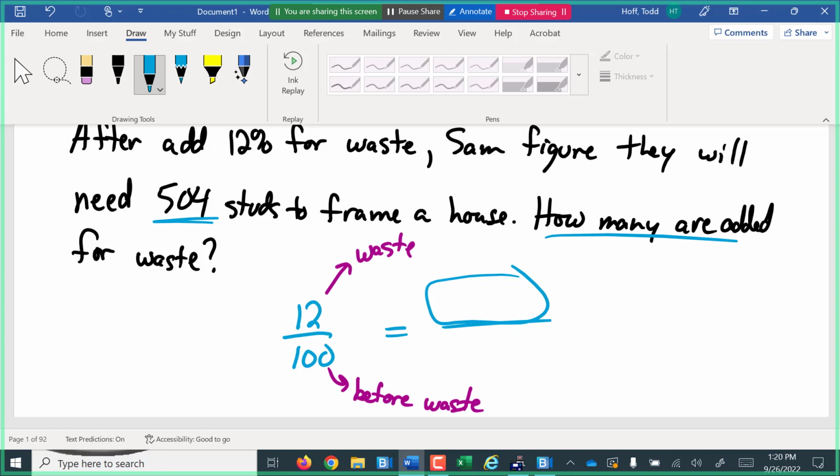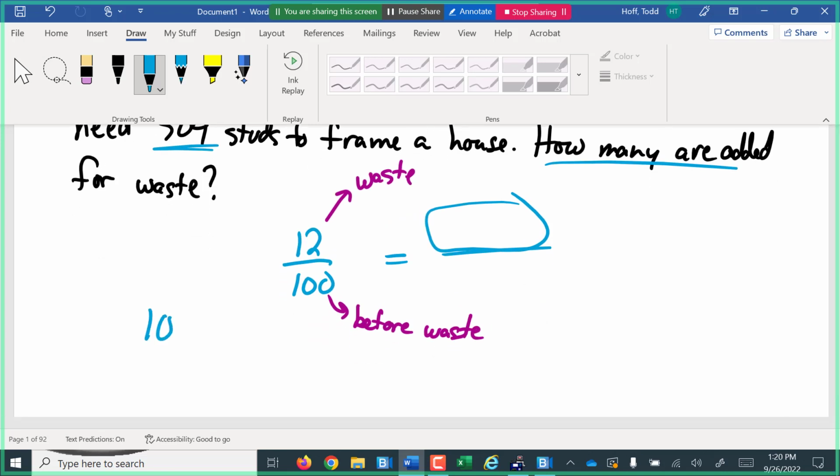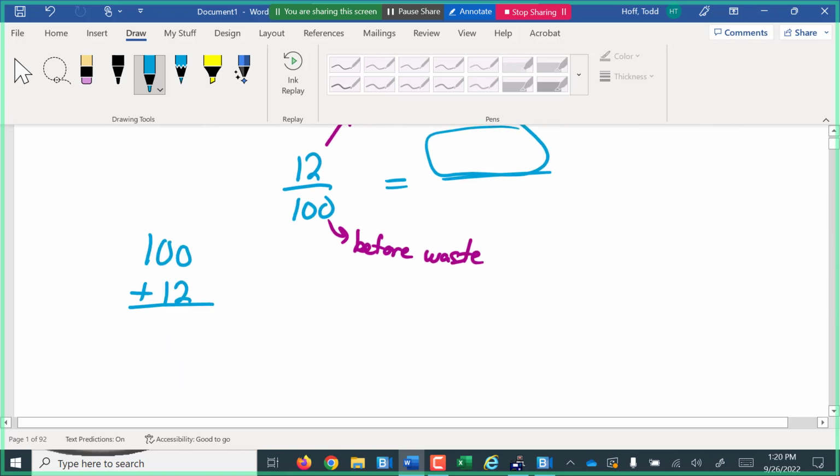So in this case, what do we do to adjust our percent? We add 12%. So it's 100% plus 12% means we're working with 112%.